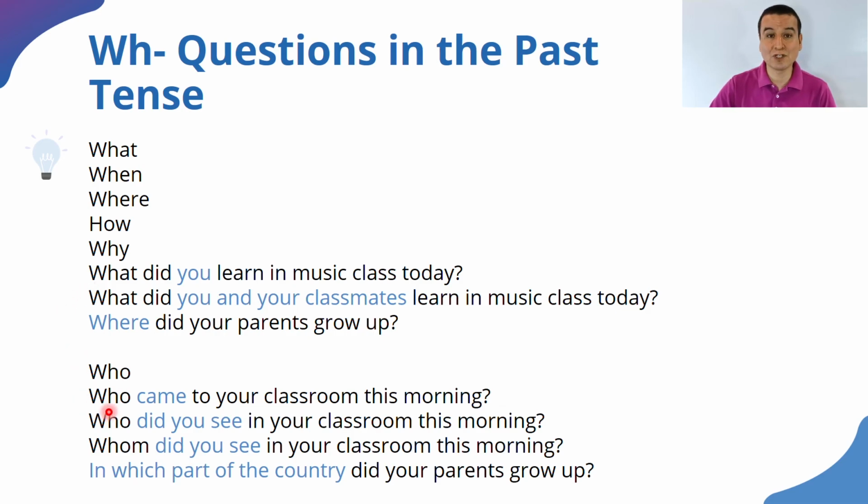Also, instead of just one question word, we can have a long phrase that will be before the auxiliary and before the subject of the question. All right? And remember that there is something specific about who we need to take into account, whether we're asking about the subject of the sentence or about the object of the verb of the sentence.